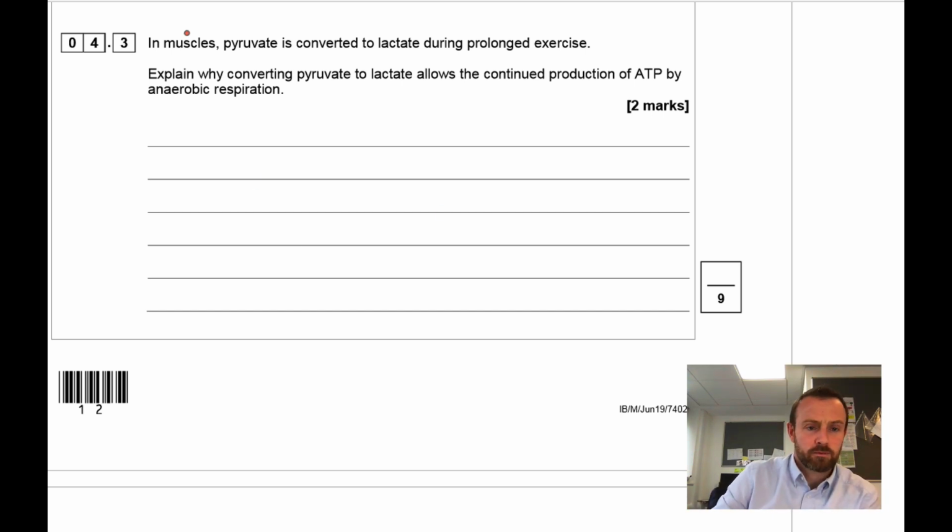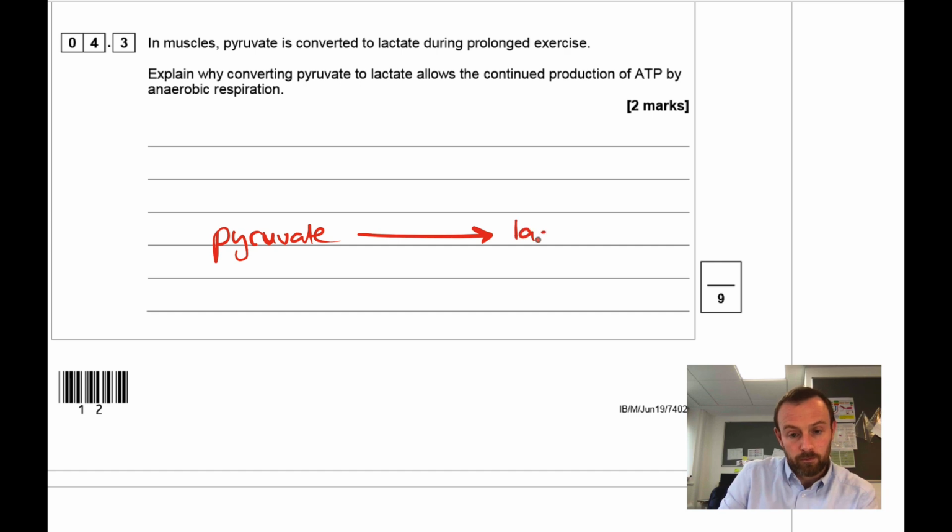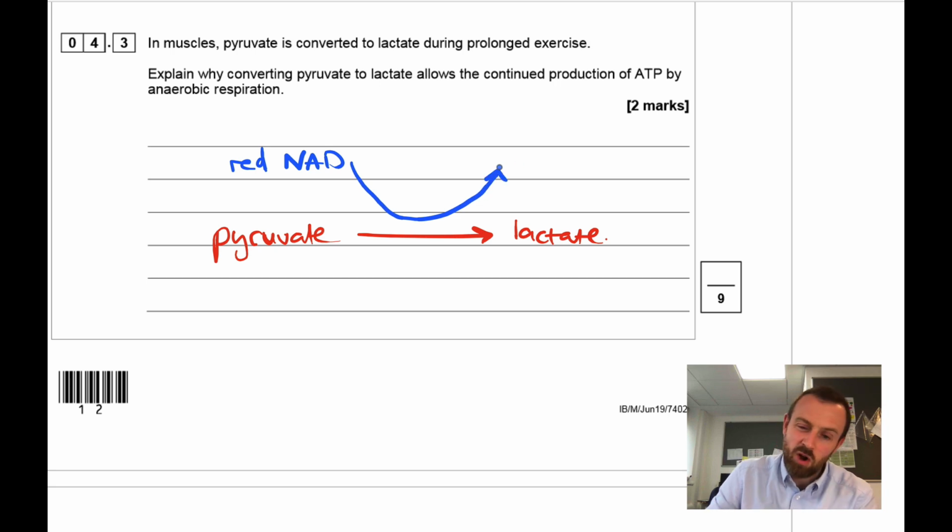Let me just draw this. Pyruvate. We basically need to remember this. And in so doing, we use up reduced NAD, and we convert it into oxidized NAD, or just NAD. We're getting rid of reduced NAD and regenerating oxidized NAD.